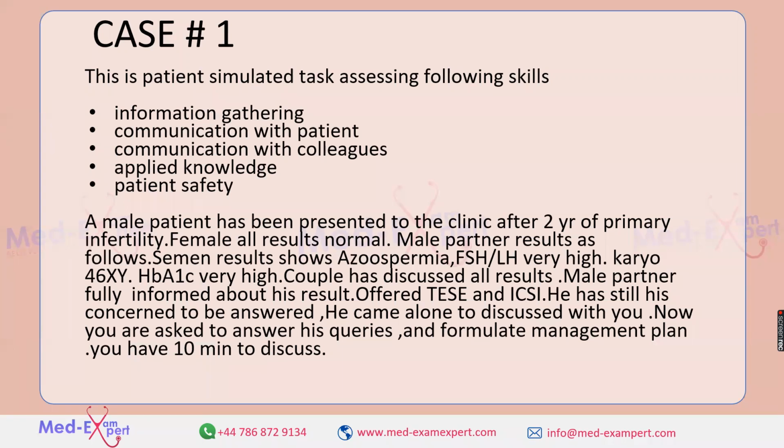Okay, all right. What do you know exactly about your results? You said the doctor already discussed the results with you, right? They told me that there is no sperm in the semen. Is this the first time your semen analysis has been done, or has it been done twice? No, it is done the first time.